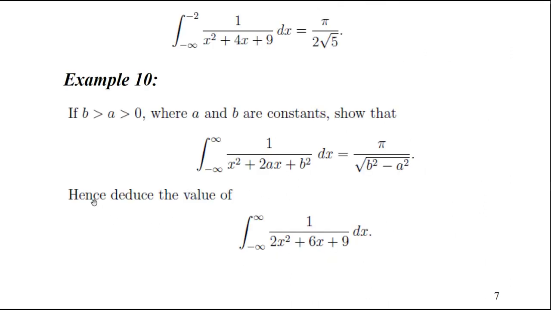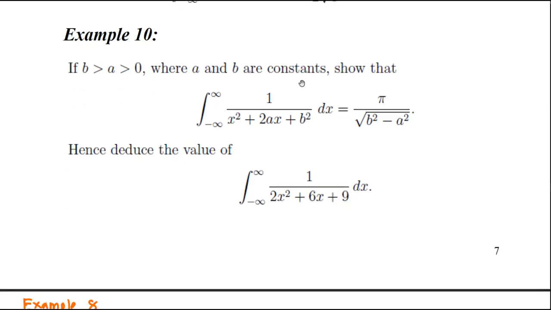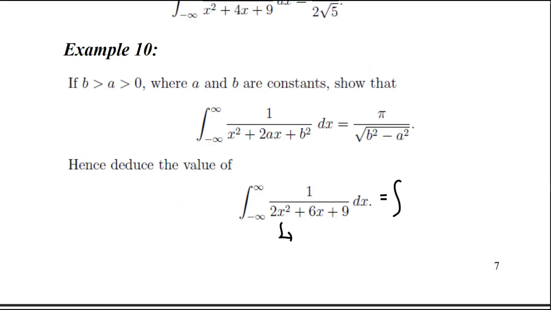Okay class, next the question asks to deduce the value of the integral from negative infinity to infinity of 1 over 2x squared plus 6x plus 9. So what we can do is factorize to 2 times x squared plus 3x plus 9 over 2.